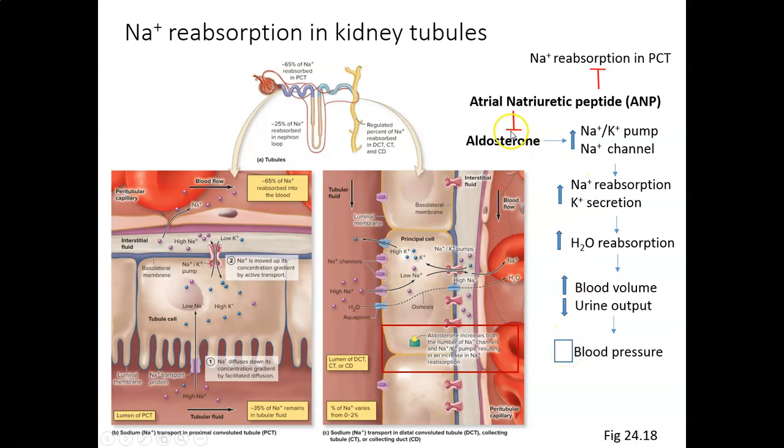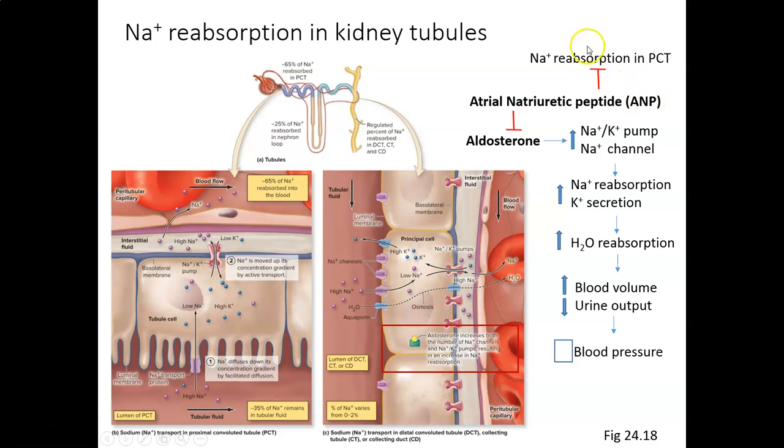So that's one of the mechanisms by which aldosterone increases blood pressure. And then how does ANP work? Well, ANP inhibits the action of aldosterone, so it inhibits the whole process. But in addition, ANP also inhibits the sodium reabsorption that happens in the PCT.